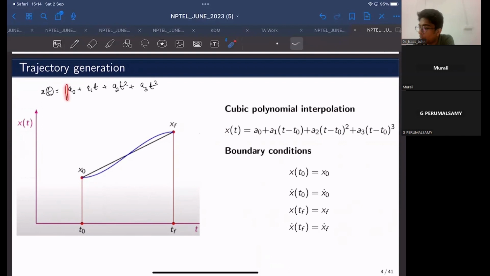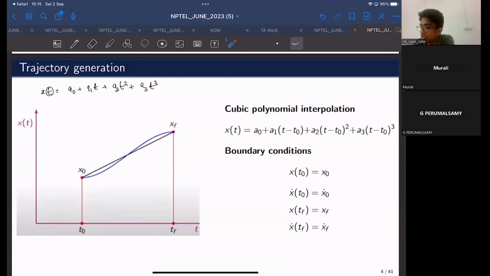We have a constant coefficient a0, we have a1, a2, and a3. In order to solve these equations, we only know that our initial position at time t0 is x0, and our final position is xf. We only have two equations, but we have four unknowns: a0, a1, a2, a3.